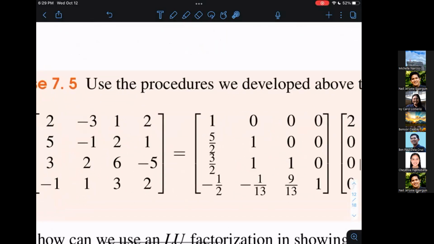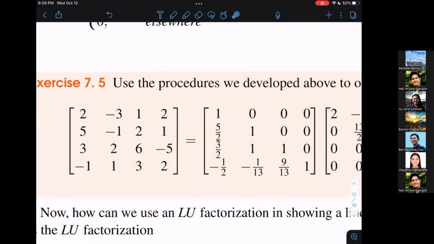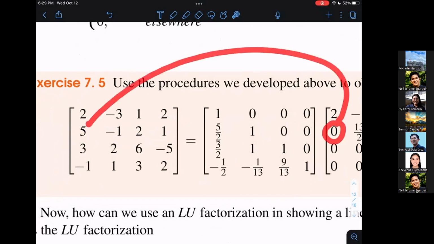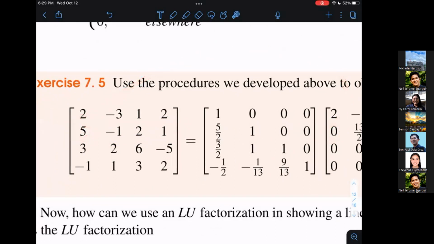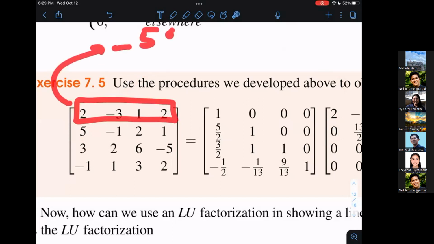So, let's look at a particular example here. So say I'm on the first elimination pass. I want to eliminate this entry para papunta na siyang upper triangular kasi gusto ko maging 0 yung 5 na yon. And how do I obtain that? Alam ko na kailangan ko ng row translation. Anong row translation? I need to multiply the first row by negative 5 halves.